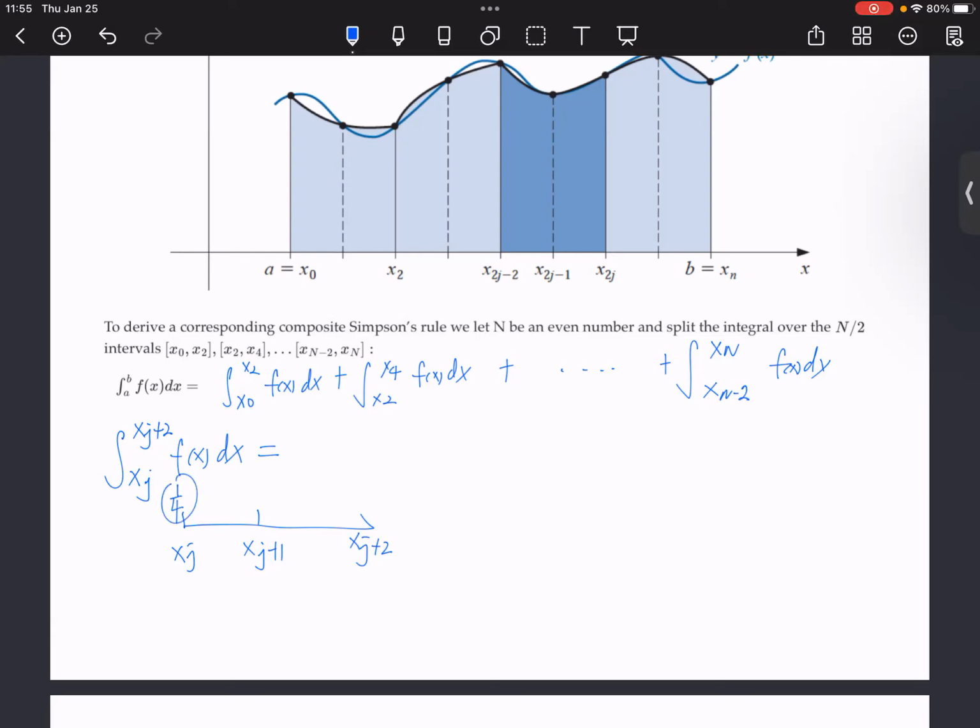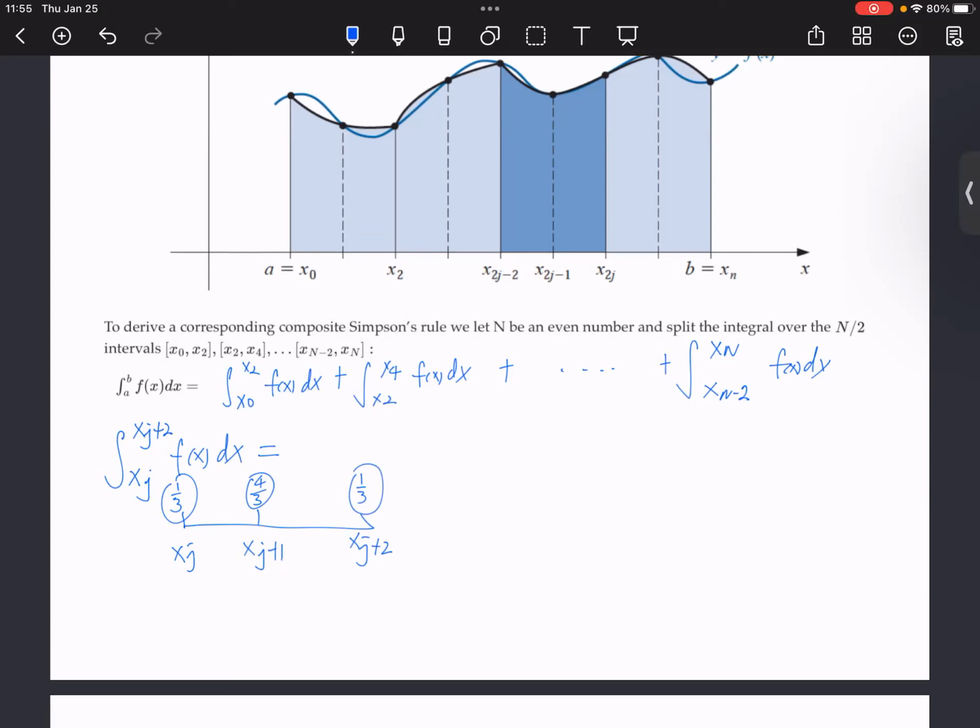Let me see, am I right here? Not 1/4, it's 1/3 for the coefficients. And then we have 4/3 for the middle point, and then 1/3 for the end point here.